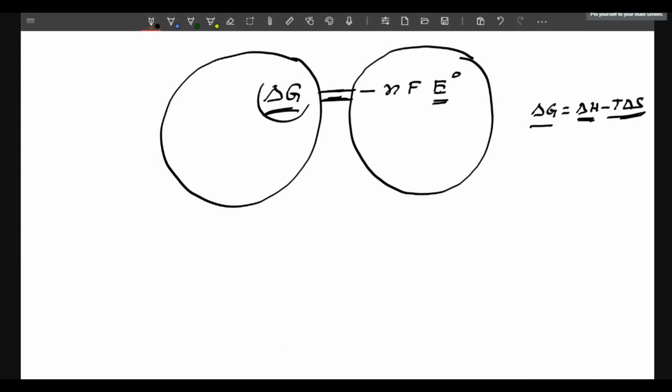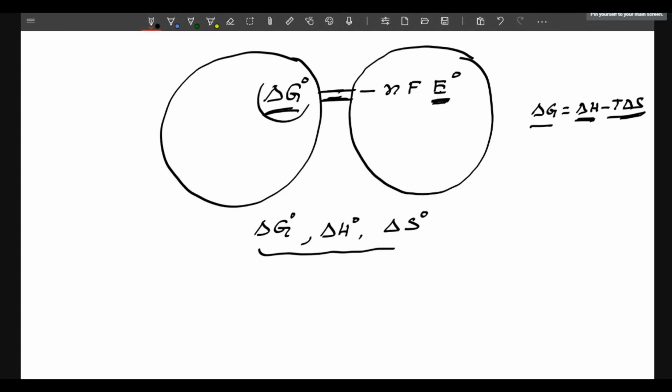Once you have E0, you can find delta G. When delta G is known, you can calculate delta H0. If you know delta H0, you can calculate delta S0, and other related parameters can be calculated. But how can you pass from E0 to this? Only through this equation. Therefore, we generally call delta G is equal to minus nFE0 a bridge between thermodynamics and electrochemistry.